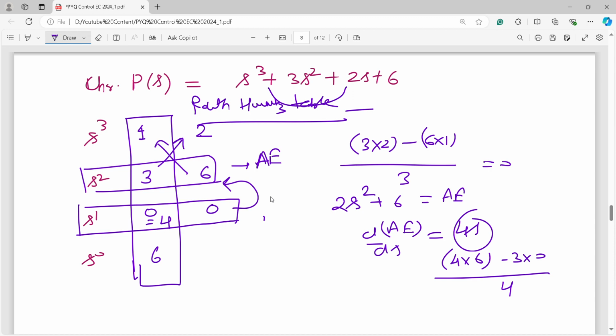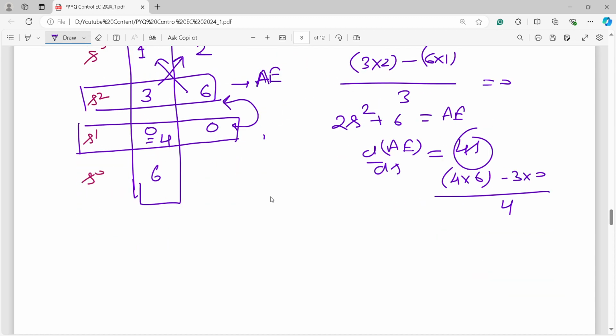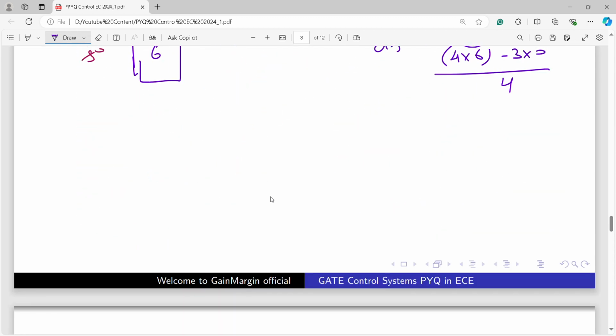So what is the situation when an entire row would be 0 in a Routh-Hurwitz table? Let us see what the condition is when this entire 0 row can exist here.